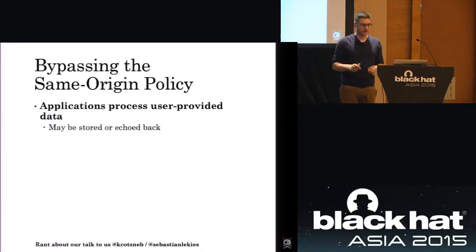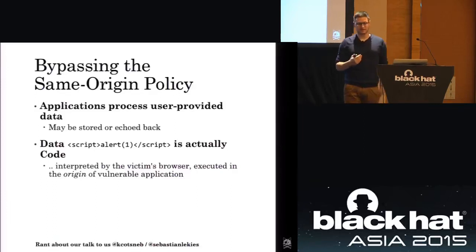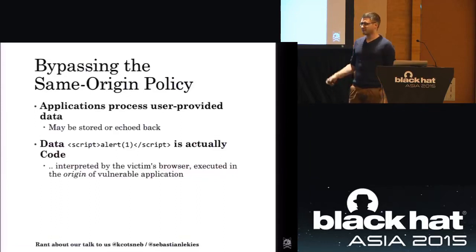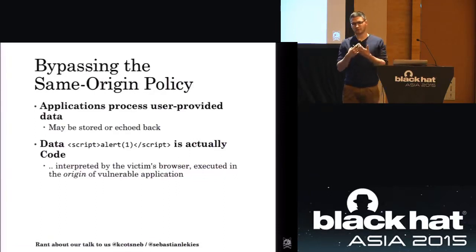This is something that you provided earlier on. If we look at this piece of data, the user may post it. If it is not properly encoded or filtered on the server side, it ends up being interpreted as HTML code. So this is a script tag that allows me to open an alert box. What's very important to understand in terms of XSS is that I'm not trying to exploit the server side, but rather the code that I can inject here is executed in my victim's browser in the context of the origin of the vulnerable application.